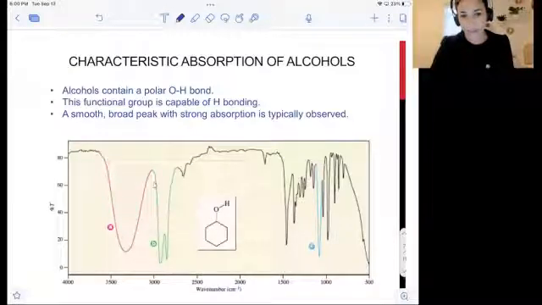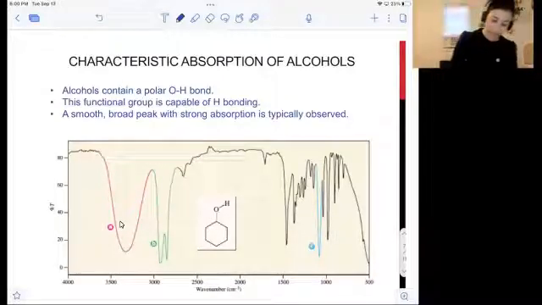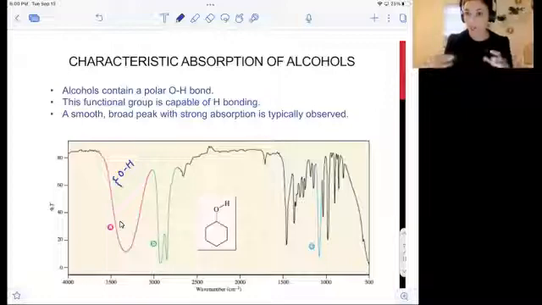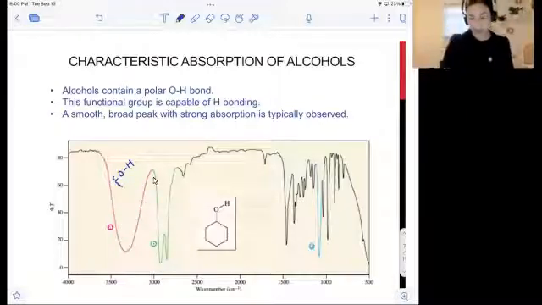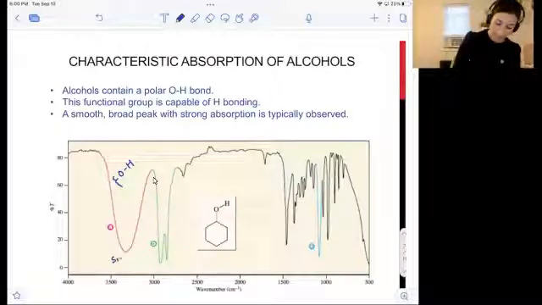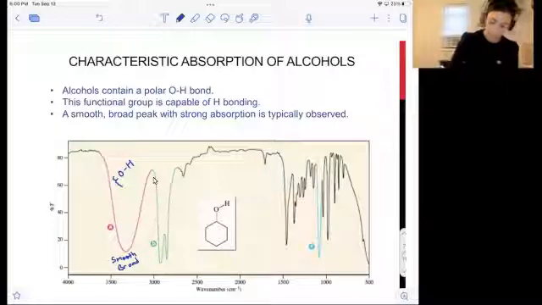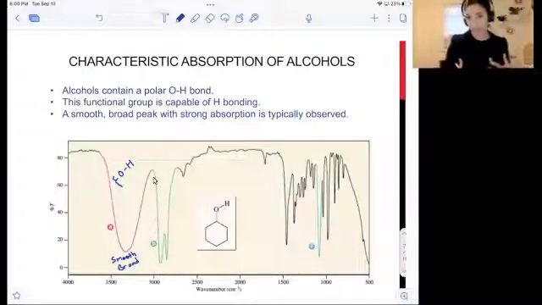As you're looking here, this represents the absorbance that takes place, and the energy from that absorbance is used for OH stretching. Notice the characteristic shape of the OH. It gives a smooth, broad peak, and so it's pretty easy to recognize.